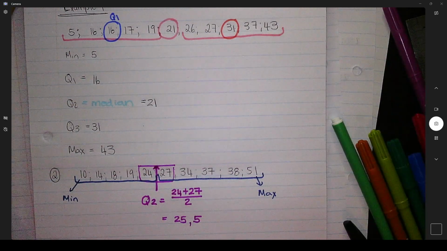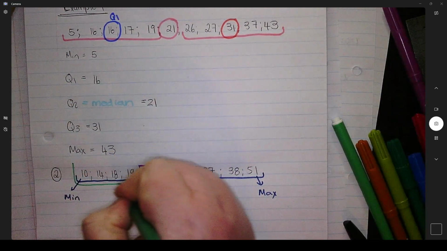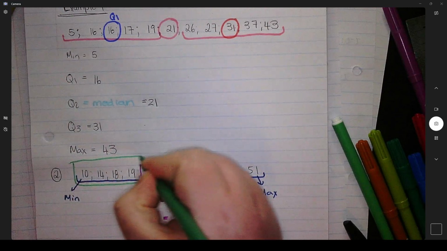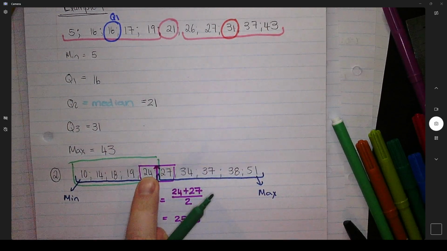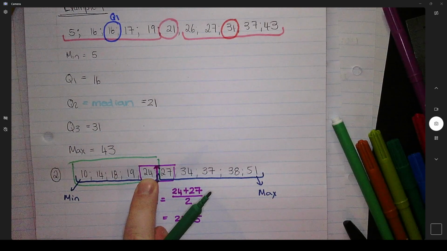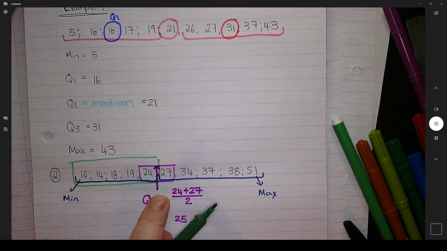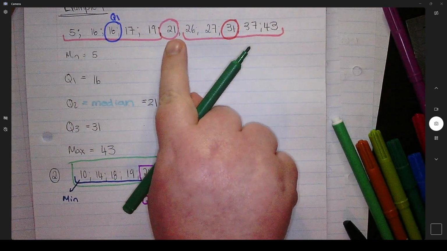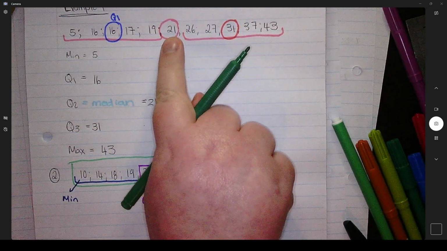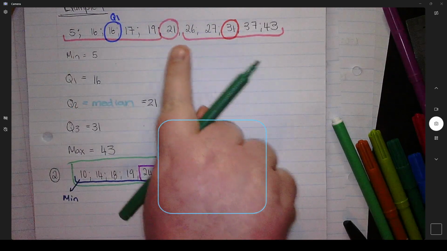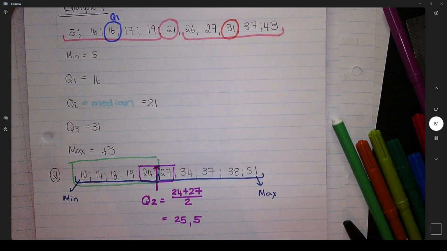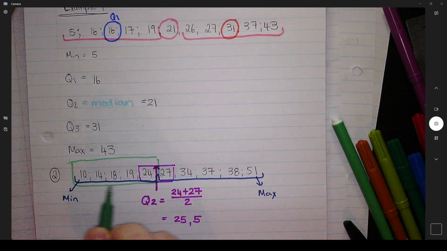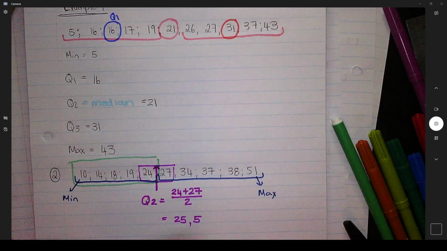Quartile 1 is the median of the lower half. Please note that the 24 is still included because it's not the actual median. Alright? We used it to find the actual median. Whereas in this example, 21 was the median. So it wasn't included in the lower or upper half. So these 5 numbers are our lower half.